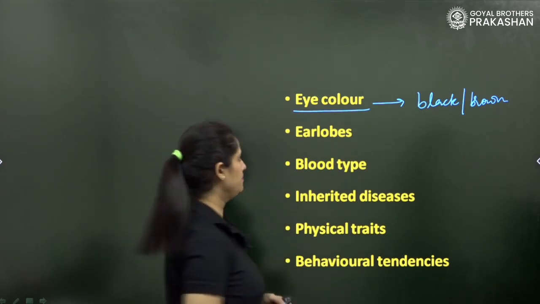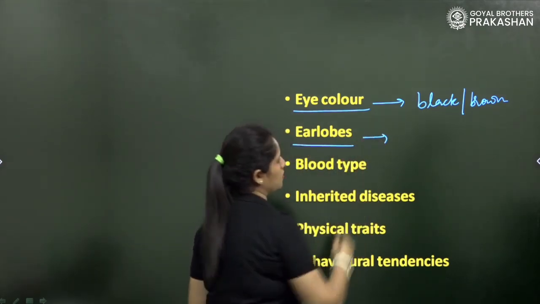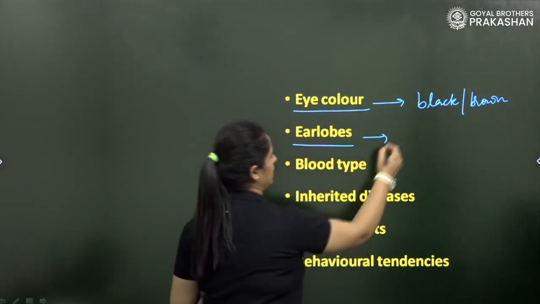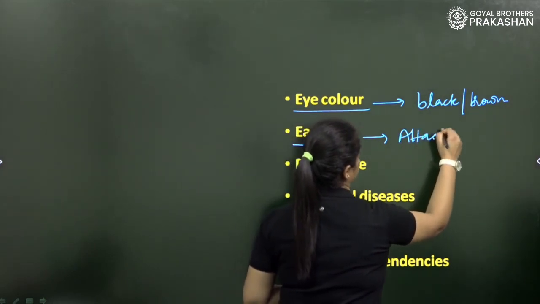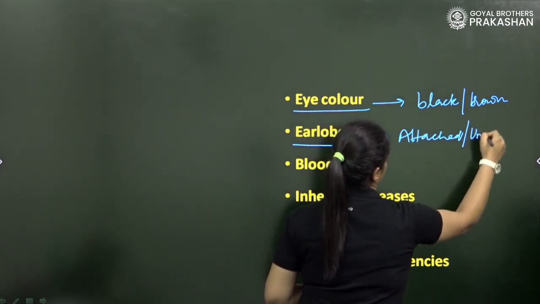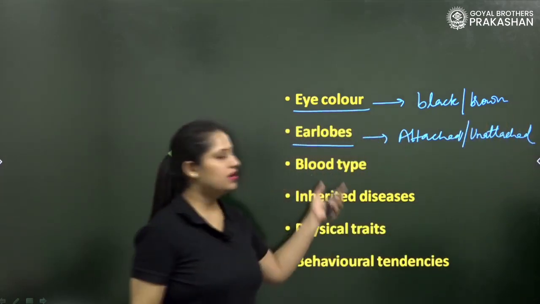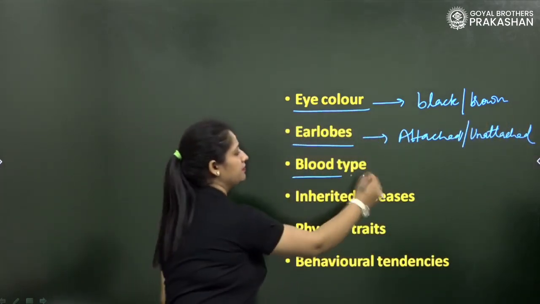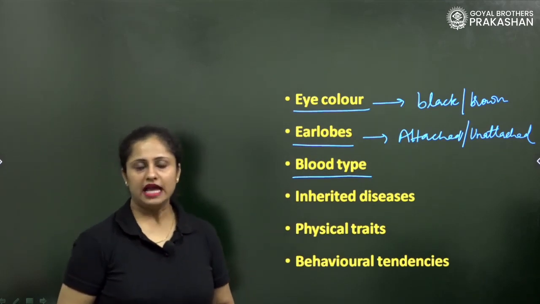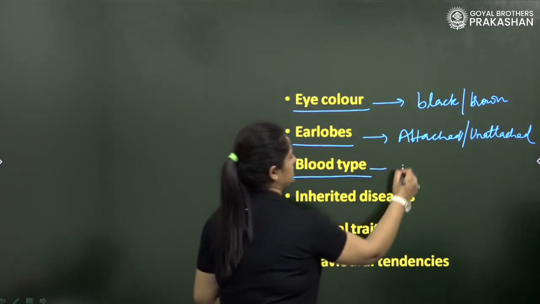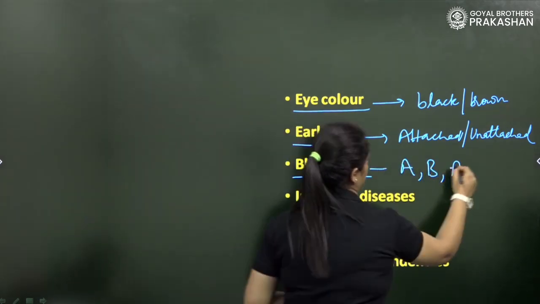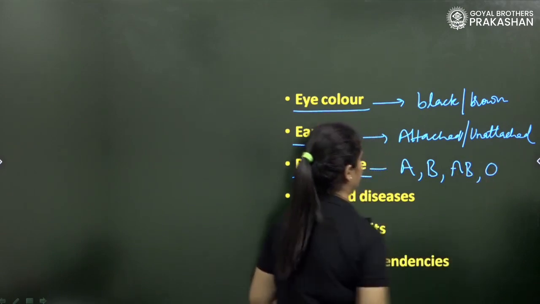If I talk about earlobes, earlobes can be attached and unattached. Now, if I talk about blood type, blood type can be of four types: A, B, AB, O.